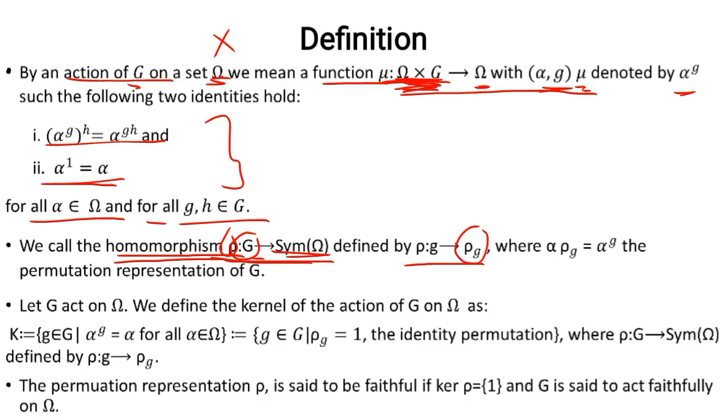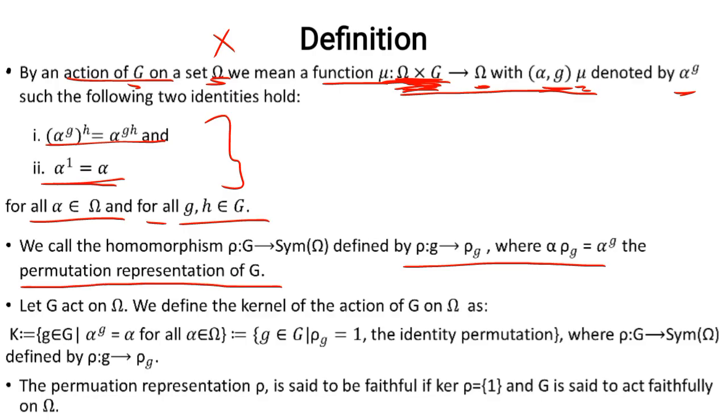How does it look? It will look this way. Because the permutation is in the symmetric group on the set Omega, it takes alpha under rho g and gives you alpha raised to power g, and this is called the permutation representation of G. Once you have a map of this form satisfying these conditions, we call it the permutation representation of G, meaning that G is extended to a permutation.